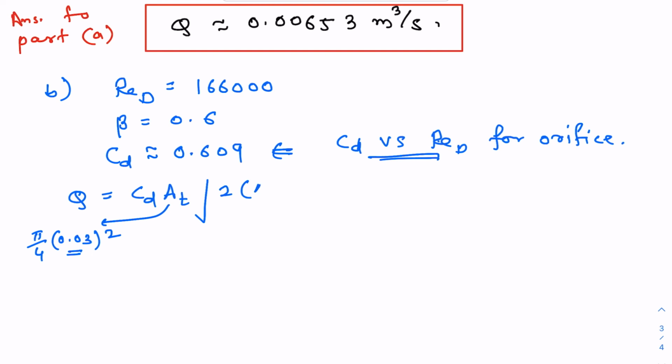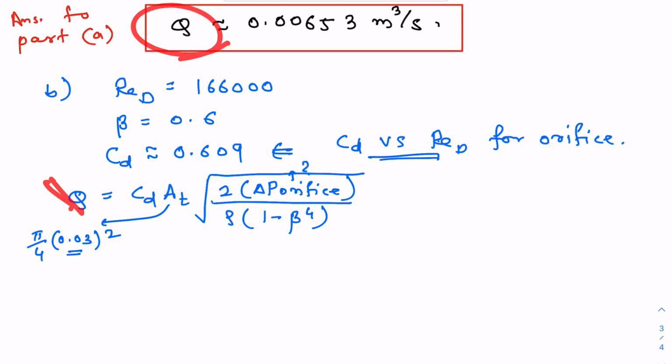So I will write it as delta P orifice, and this is the unknown, divided by density and 1 minus beta to the power 4. So now we know what Q is, we just calculated it. We know coefficient of discharge, we found it from the chart. Area at throat is known because diameter there is given. We know the density of water, we know the geometric factor. So the only unknown here is delta P orifice.